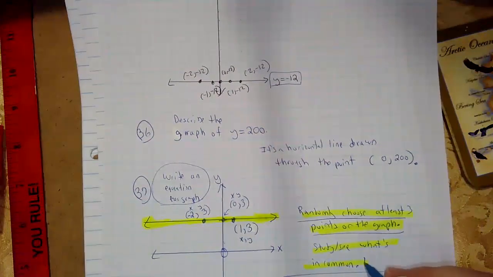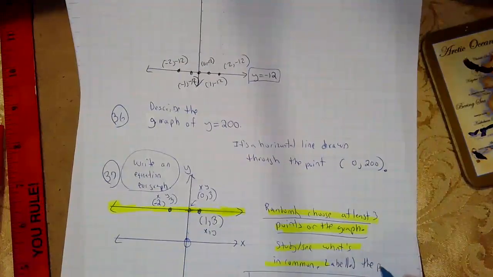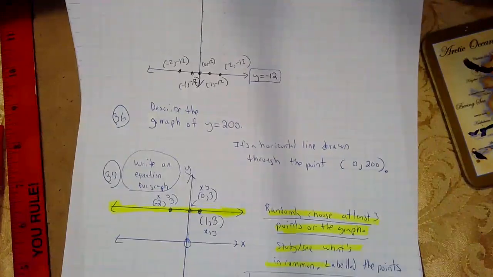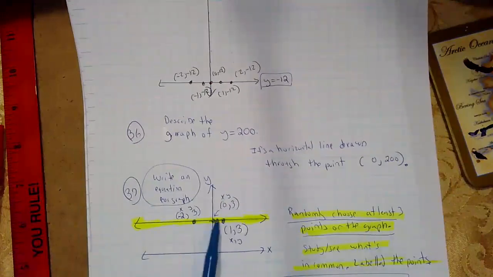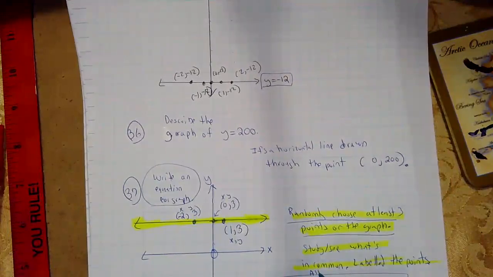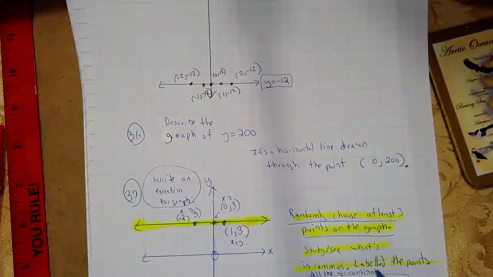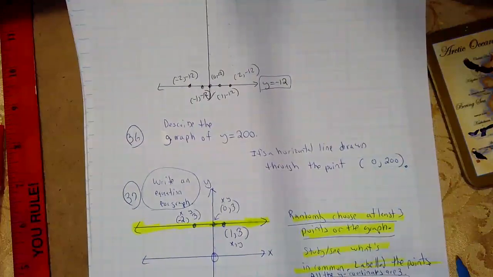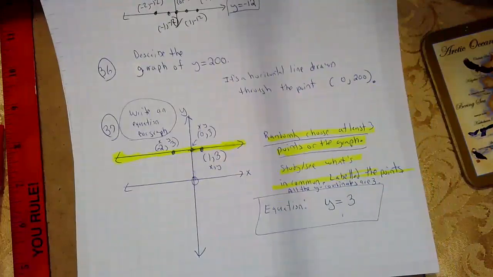I also labeled the points, and once I labeled them, I saw something in common: they all had that the y was 3. So label the points, study what's in common. I noticed that all the y coordinates are 3. So y equals 3. Okay? So that's 37.